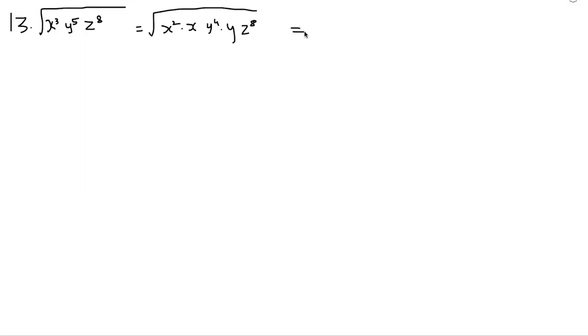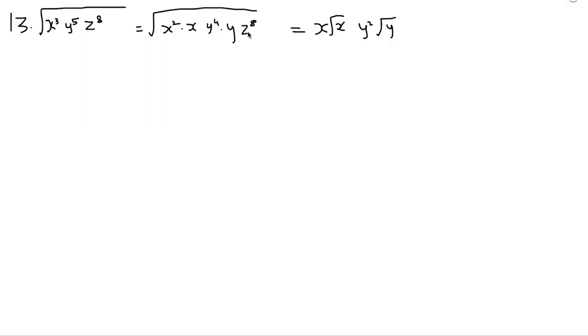If we take this x square out, it becomes just x and root of x, and if you take the y part out of the root, it has y to the power 4, so it becomes y square root of y. This y remains.